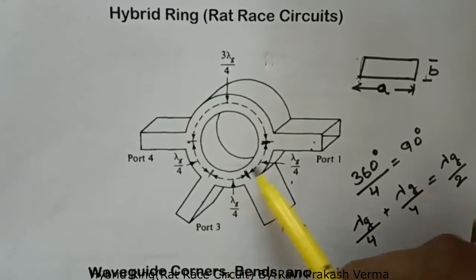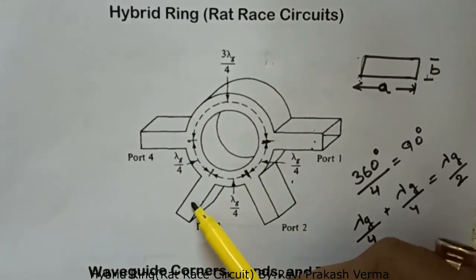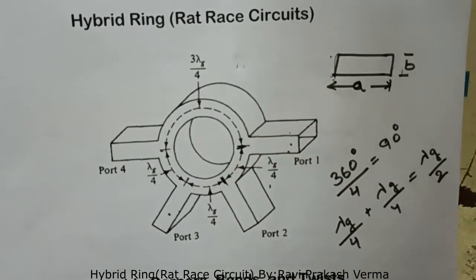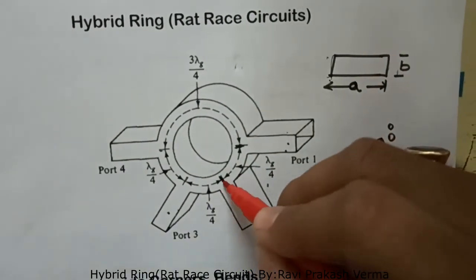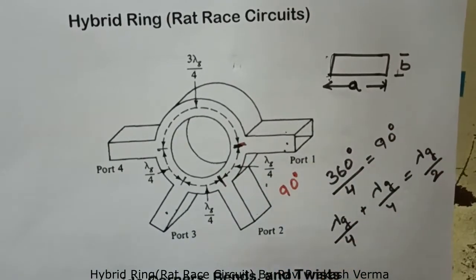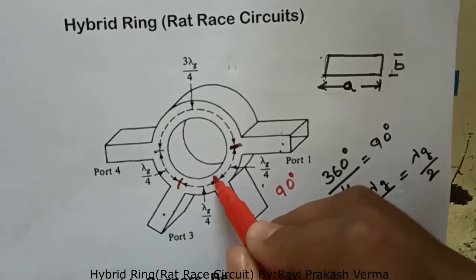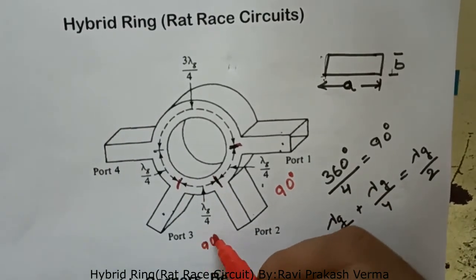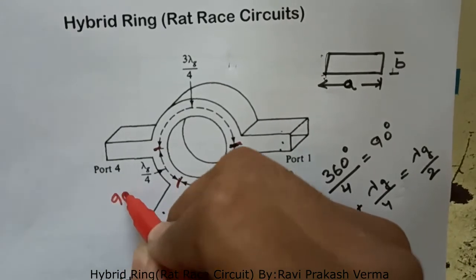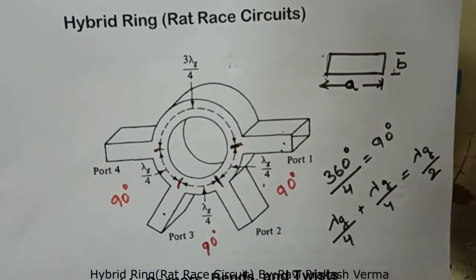So the phase difference between port 1 and port 3 is 180 degrees. Between this junction and this junction the phase shift is 90 degrees, similarly between the next junctions it is 90 degrees, and between the next it is also 90 degrees phase shift.